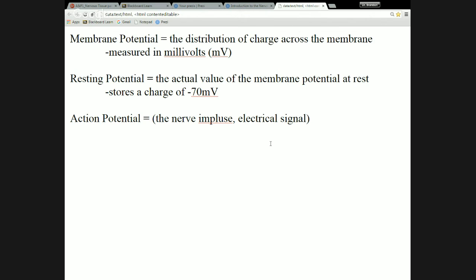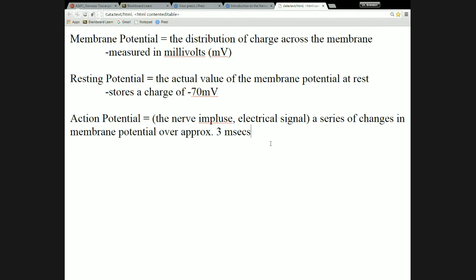But what it is, is a series of changes in membrane potential over approximately 3 milliseconds. That's actually the first time I've technically defined it that exact way, but I like that.